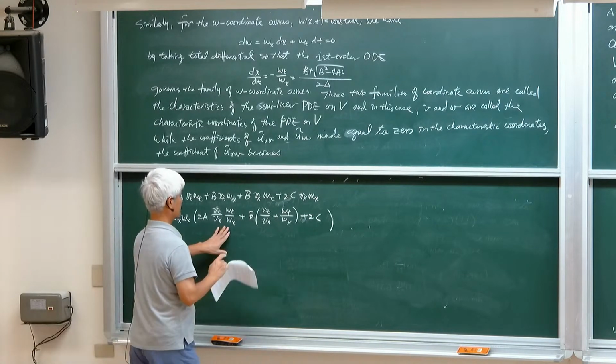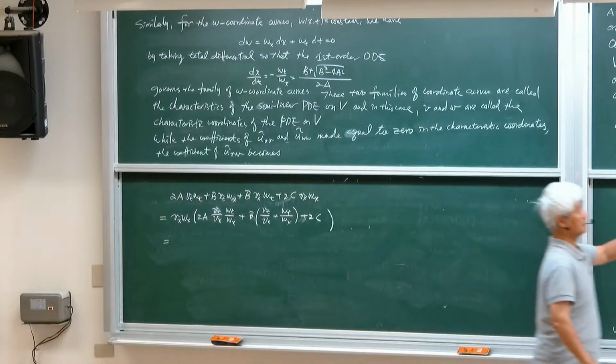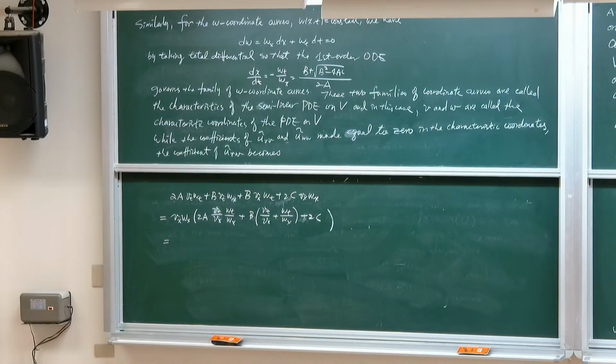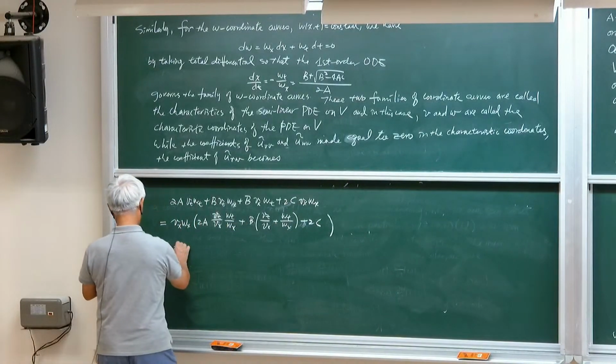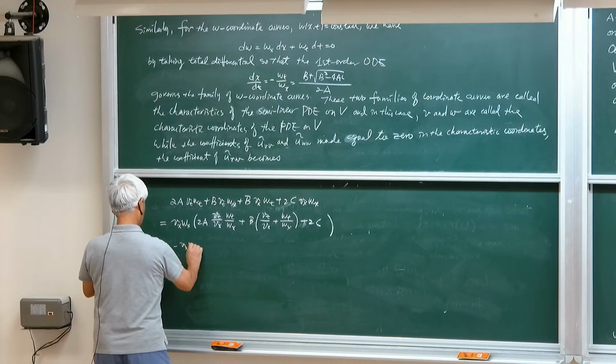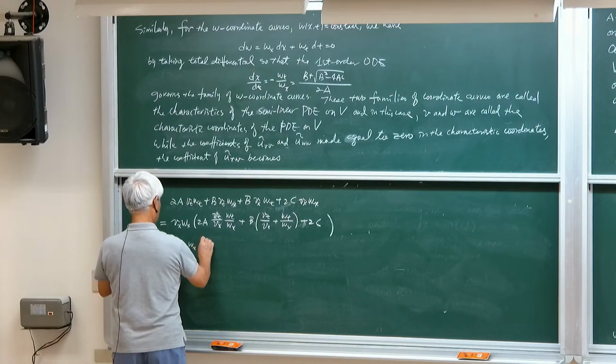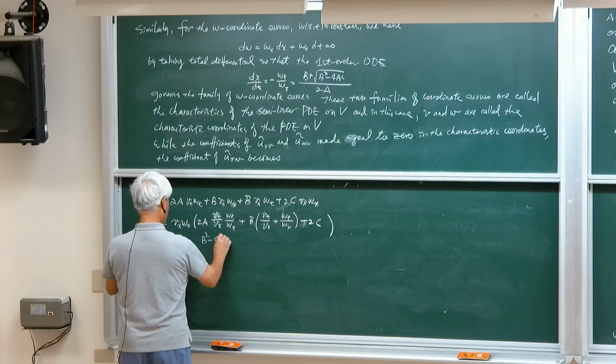So we do the substitution by these two equations here. We find that this is equal to minus Vx Wx times (b square minus 4ac) divided by a.